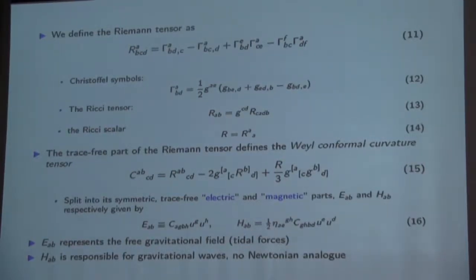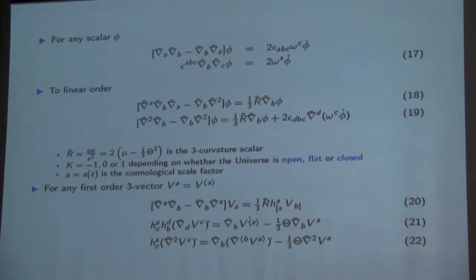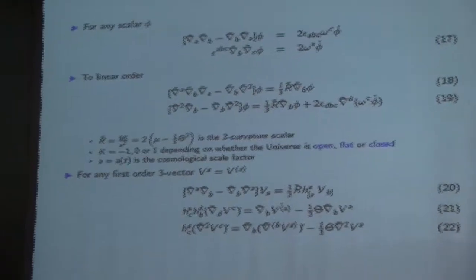These are some differential identities that are used. If you feel like you need to follow the calculations properly, the talk is already in Dropbox, so you can just refer back to these differential identities when necessary.